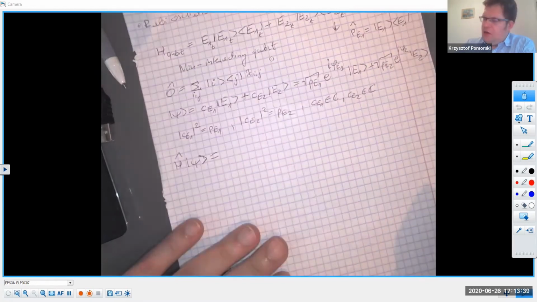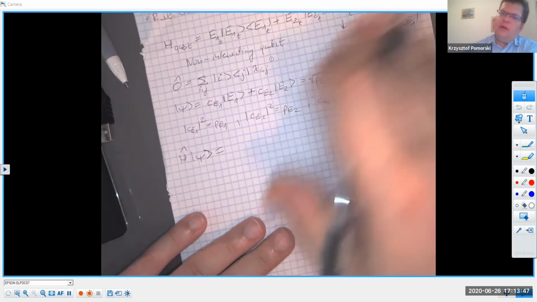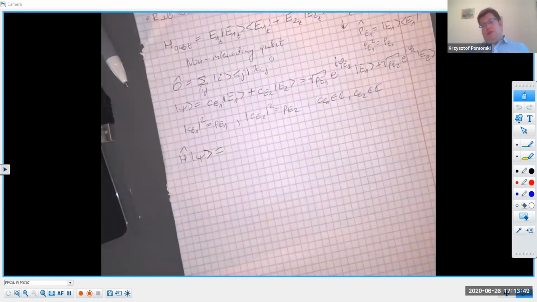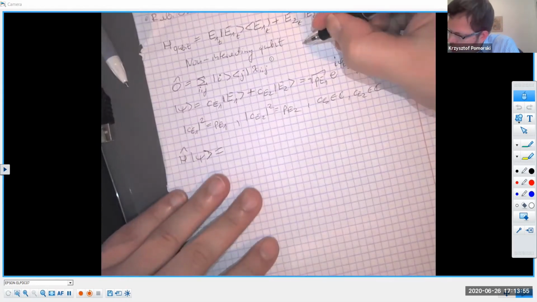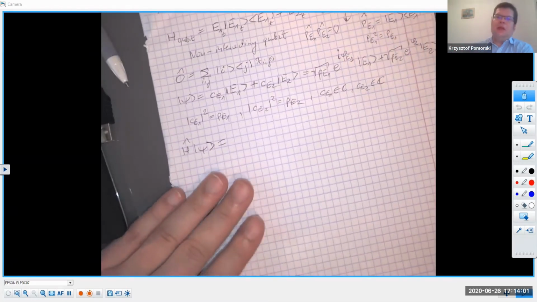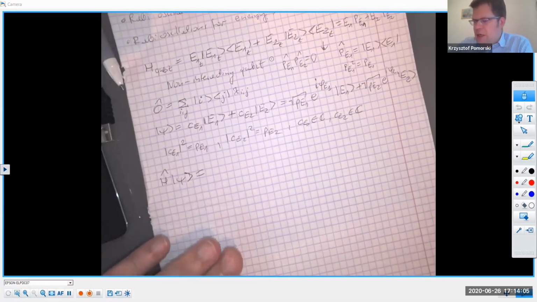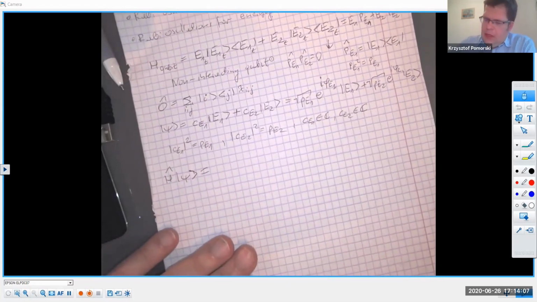This projector has certain properties, like its square is equal to the given projector, and so on. So any power of this projector is equal to this projector, and obviously two different projectors acting on each other are orthogonal, so they give 0. And you're supposed to know such operations from simple algebra.